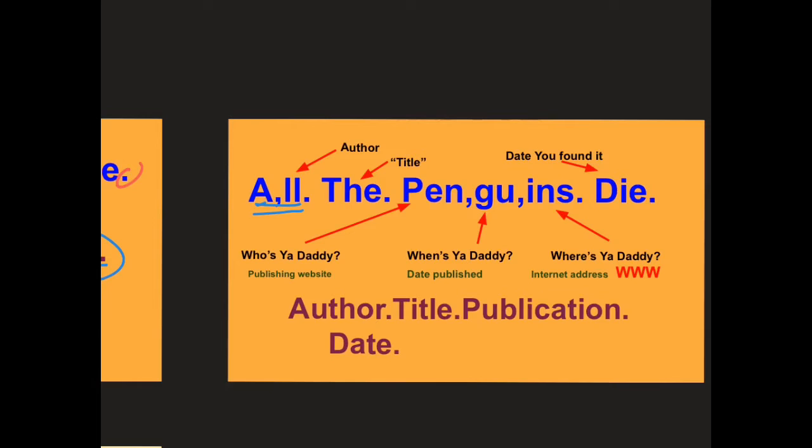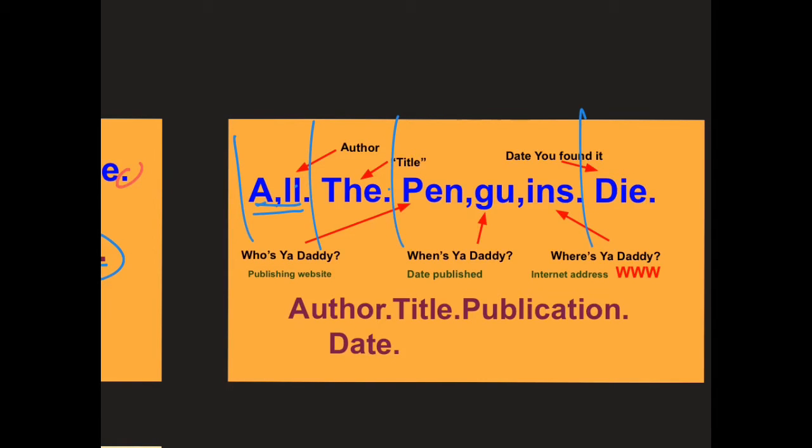Since the most important name for a person is typically the last name, it's going to go last name, comma, first name. That's your author. It's going to be capitalized. We'll end that part. Think of this as being divided into four parts: 1, 2, 3, 4. Author, title, publication, date.